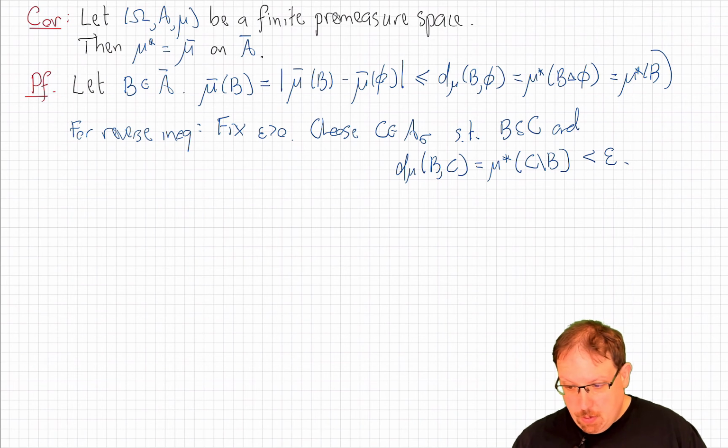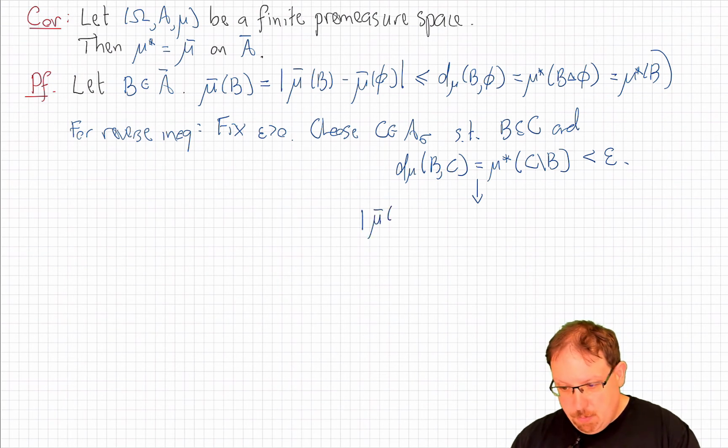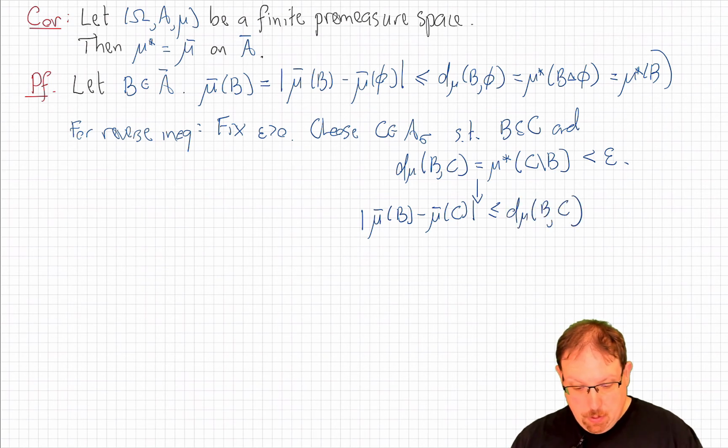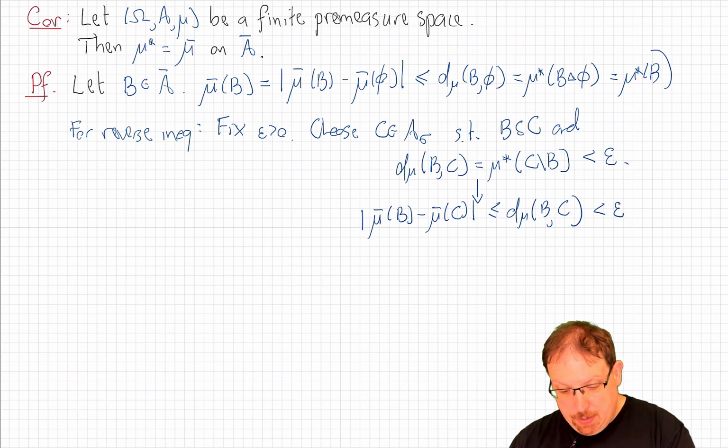Okay? Well, from similar Lipschitz considerations, mu bar of B minus mu bar of C is, in absolute value, less than or equal to the pseudometric distance between B and C, which we've designed to be less than epsilon.